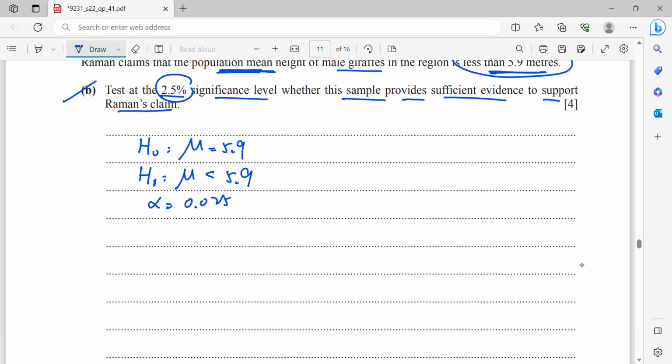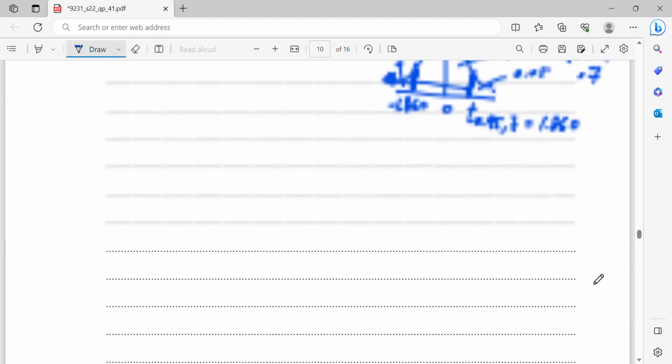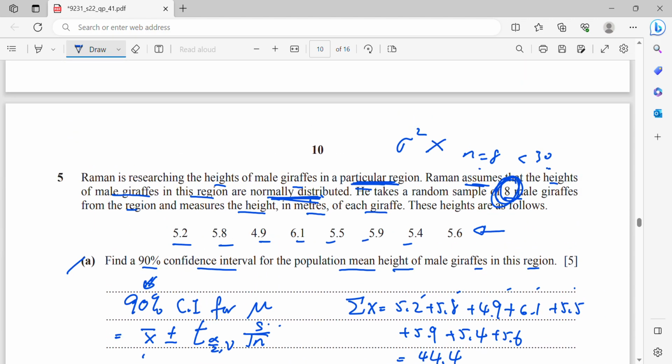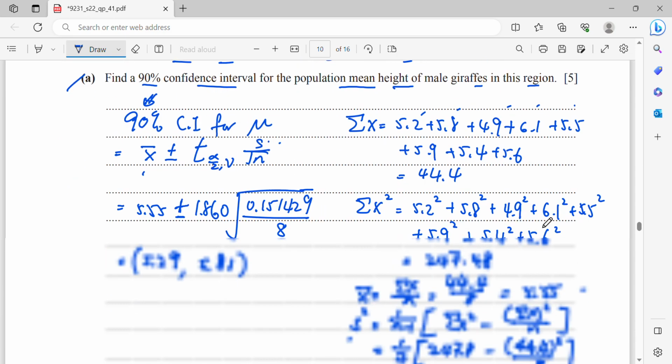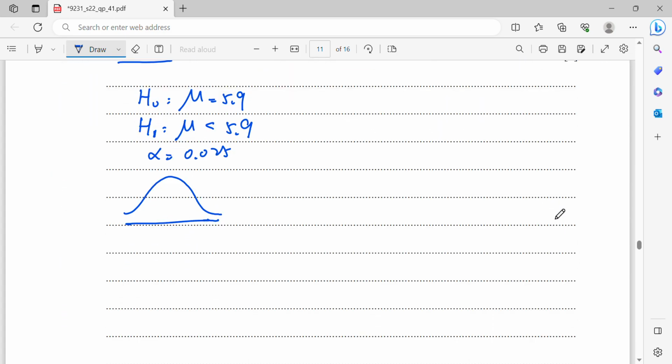Okay, so now, by referring to the graph, we are going to use a T table or T test for this hypothesis testing, because as I mentioned just now, population variance is not given, and then the n is small. That's why we use a t-test. So when t-test, to get the critical region, by looking at the H1, which is less than 5.9, it means the region is basically on the left-hand side.